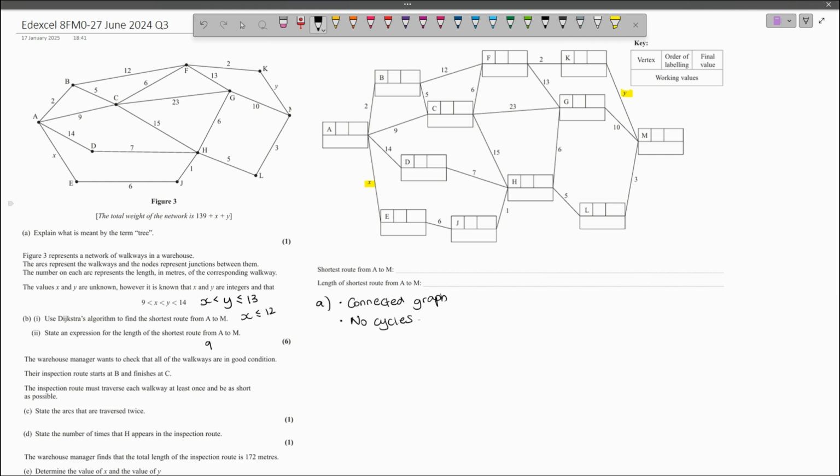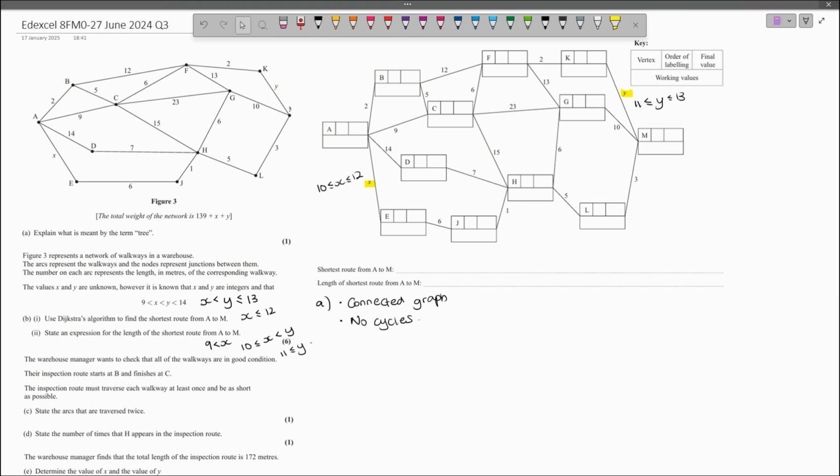We know that 9 is strictly smaller than x, which means that 10 is smaller than or equal to x. And because x is smaller than y, we know that y must be at least 11. So x is between 10 and 12, and y is between 11 and 13.